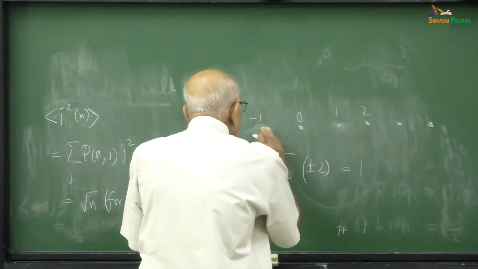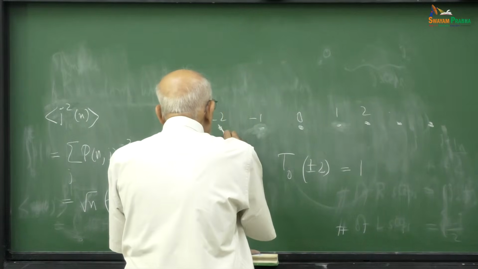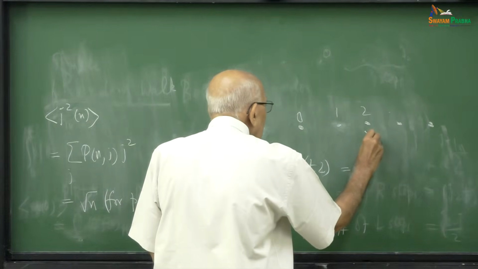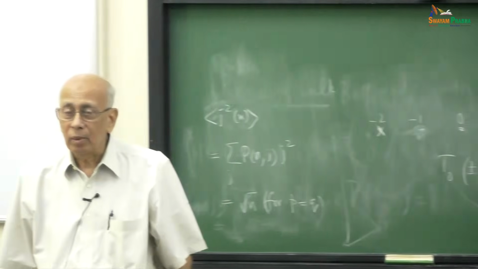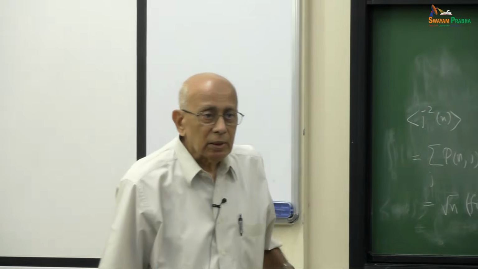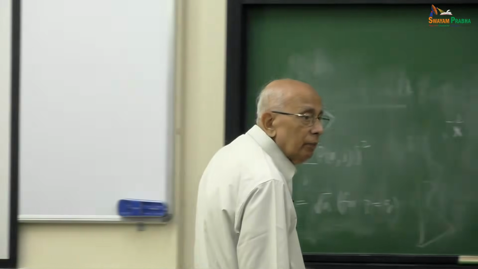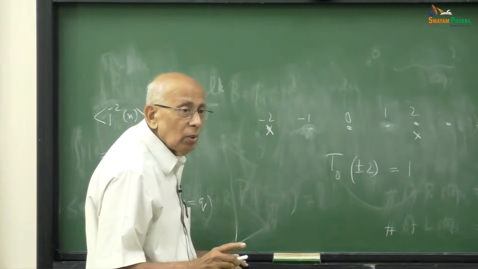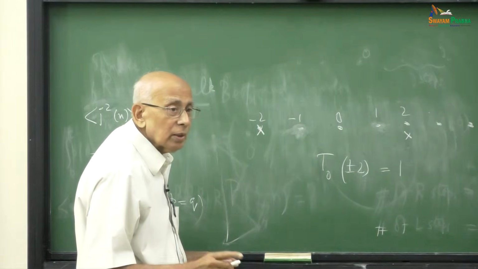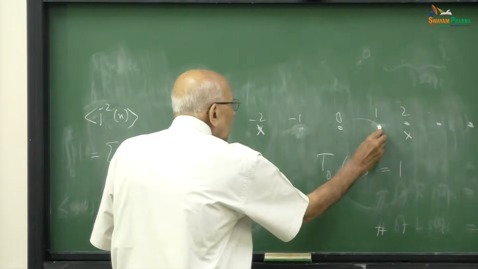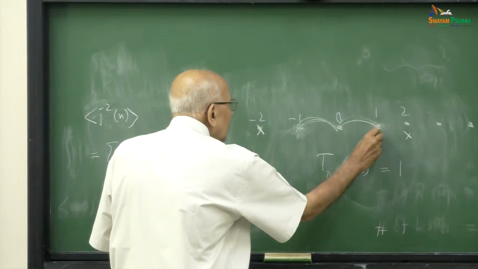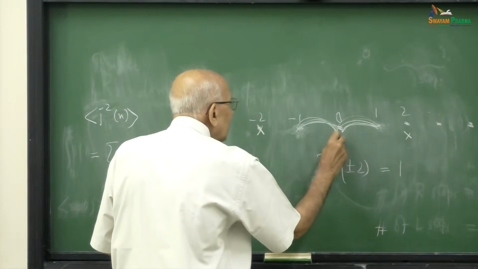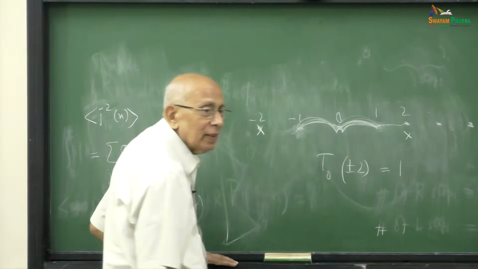Now I change the problem and say, what's the mean time it takes to reach plus or minus 2? So I put the crosses here. Now this is a much harder problem. Much harder. Because you have to average over all possible walks, and you could forever not hit plus or minus 2. Because you could go from 0 to 1, back to 0, to minus 1, back this way, and finally you decide, okay, I jump and I hit this.